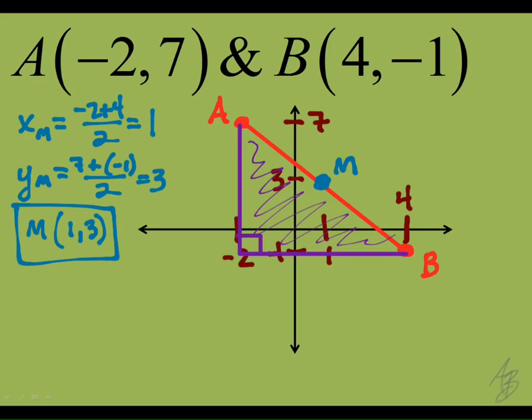Okay, Malik, so how can we use that to find the distance here? Well, I counted from where it starts at the 7, and then I counted all the way down to where it meets at the negative 1, which was 8. Okay, so the distance between 7 and negative 1 on the y-axis. So the length of this vertical segment is going to be the same as the distance along the y-axis for those same coordinates.